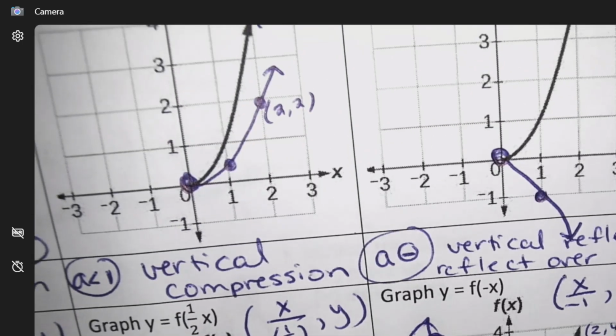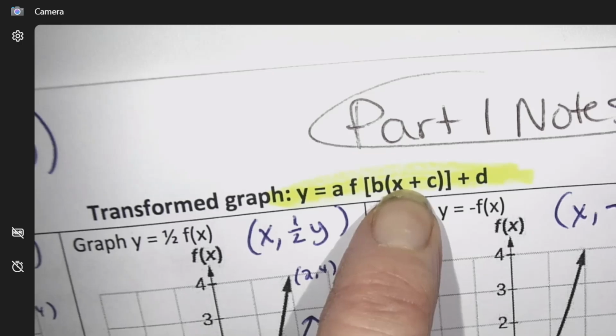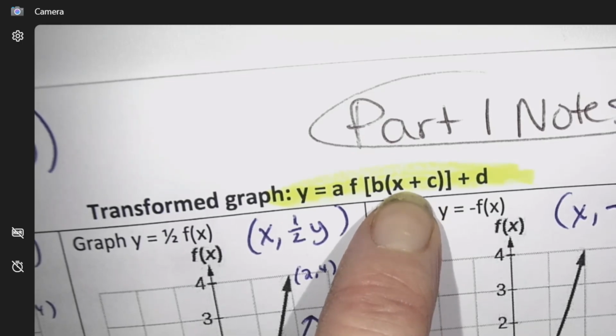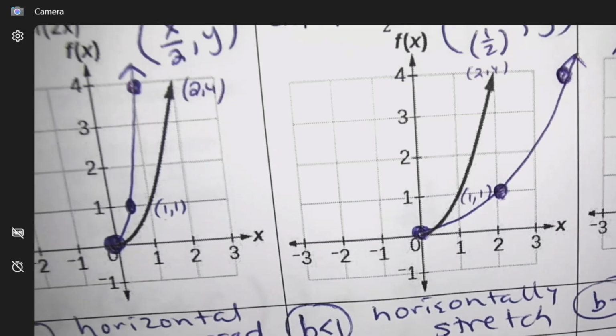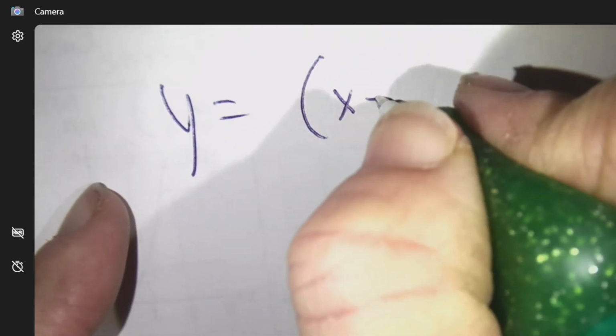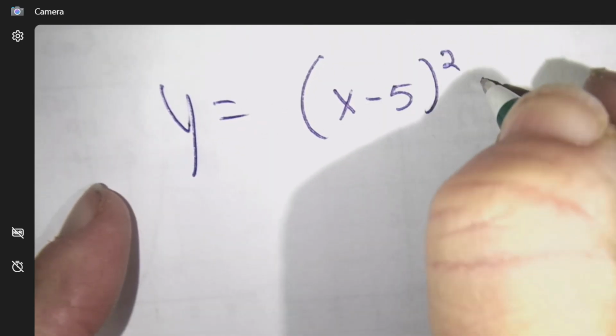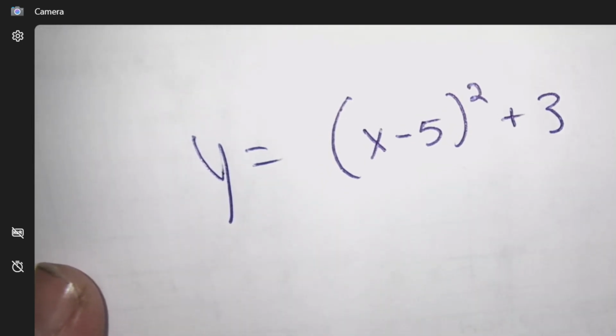All right, now we're going to move on to the C. So the C is with the x part. So you did this with quadratics, by the way, when you graphed a quadratic equation last year. This was your quadratic equation stuff last year.